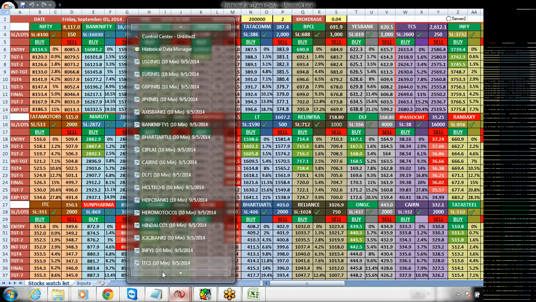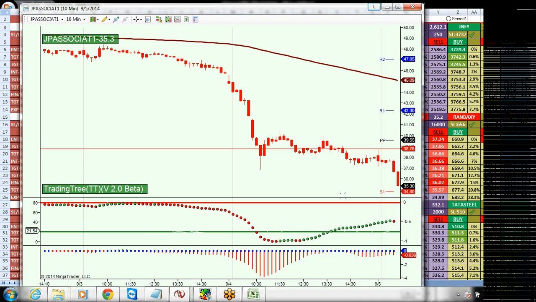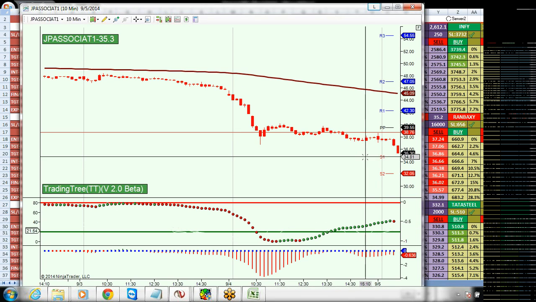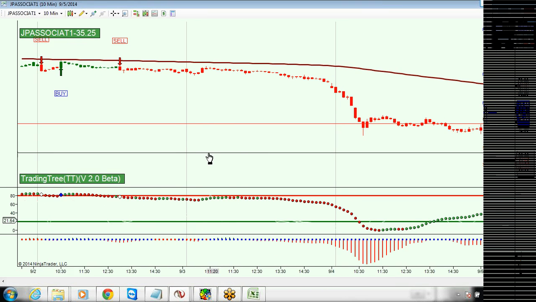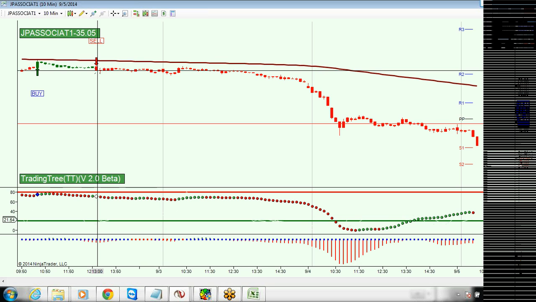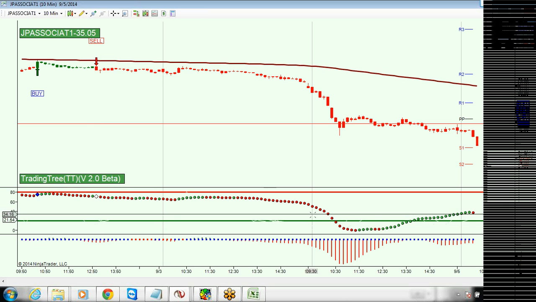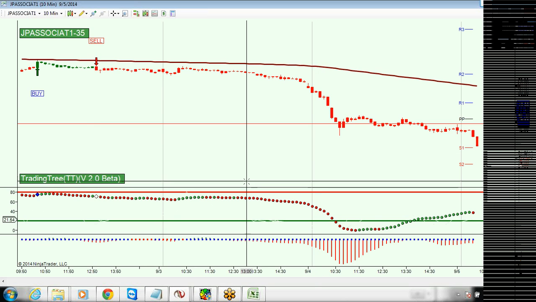I'll just show you the chart for JP. We will know where it's going to end. So S1 is the first level, first target. So we got the sell call 2 days back, right at 47 rupees. Now it is at 35.